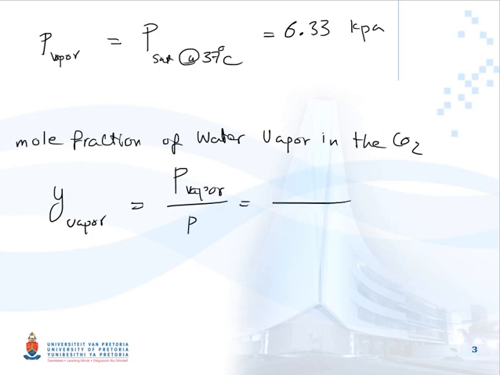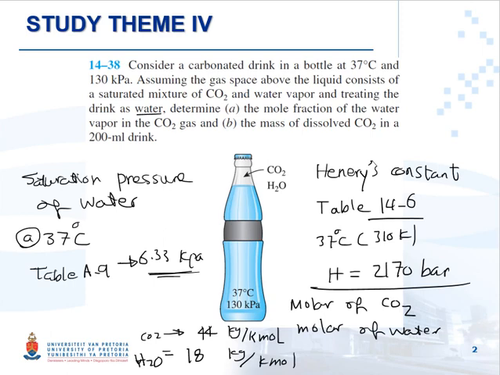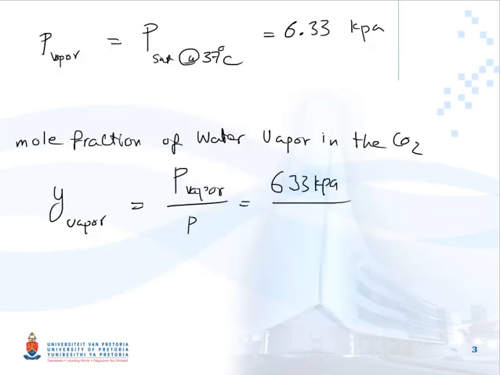So it's 6.33 kilopascal. What is P total? It is given here, 130 kilopascal. So 6.33 divided by 130 kilopascal is equal to 0.0487. So it is a very small number, 4.9%.